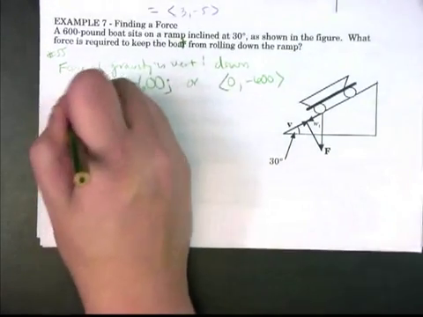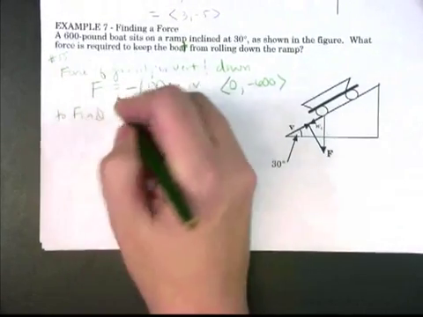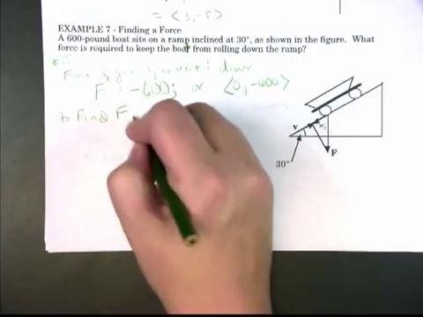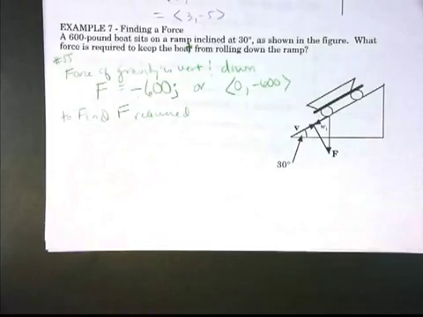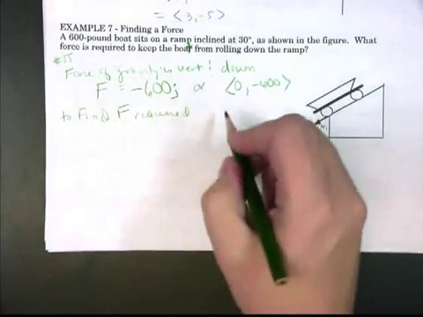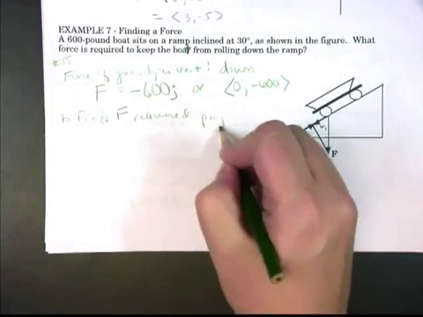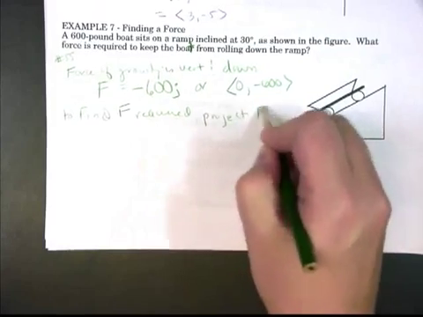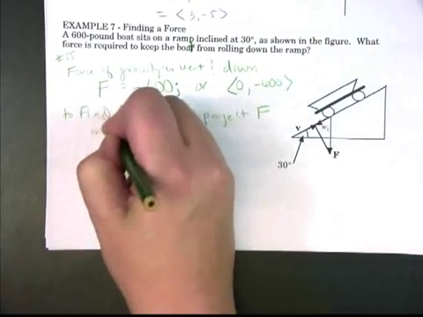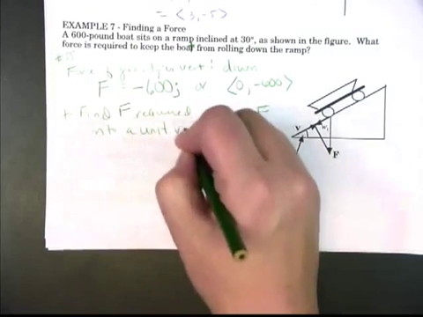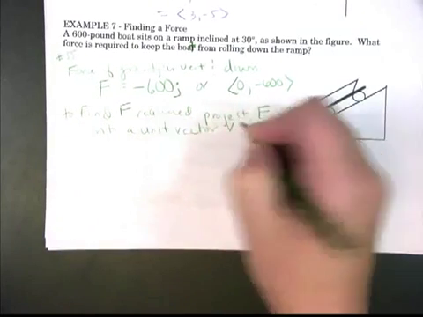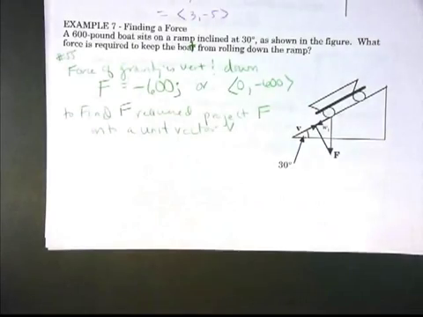To find the force required to keep the boat from rolling down the ramp, we're going to project the force F onto a unit vector, v, in the direction of the ramp.